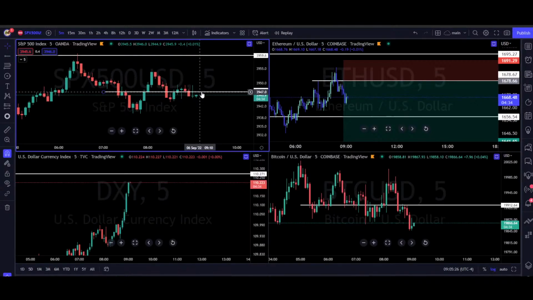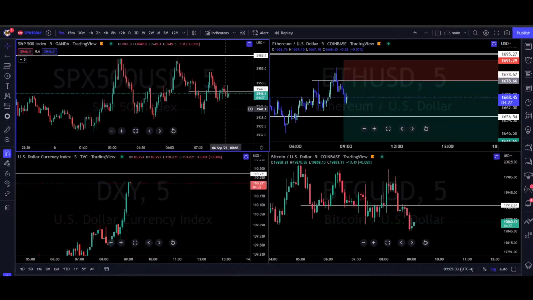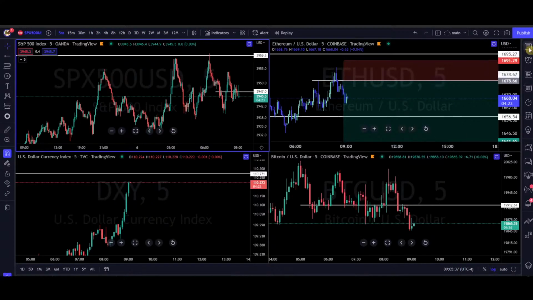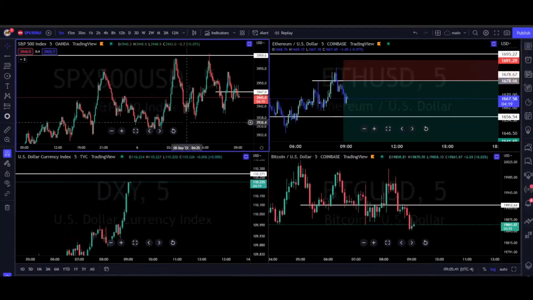Not much. So that kind of looks like the SPX is looking for higher prices today. You're still bullish on the day. Not by much, but you are.